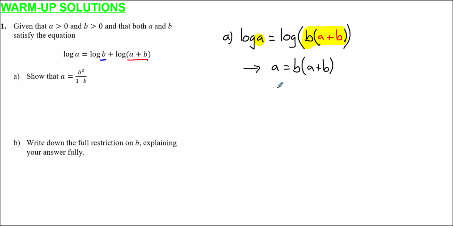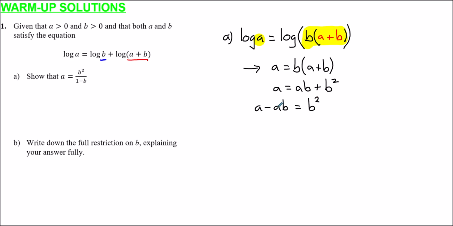Now we can expand these brackets, so A equals B times A, which is just AB, plus B times B, which is B squared. Now if we subtract AB from both sides, we get A minus AB equals B squared.